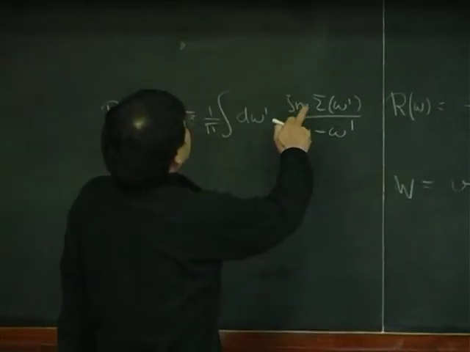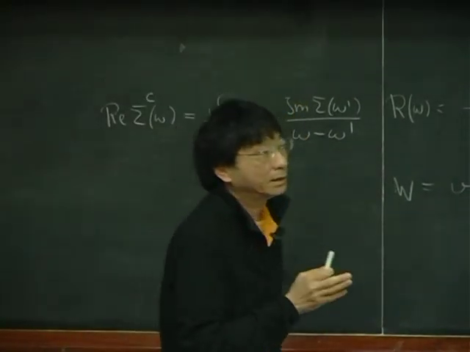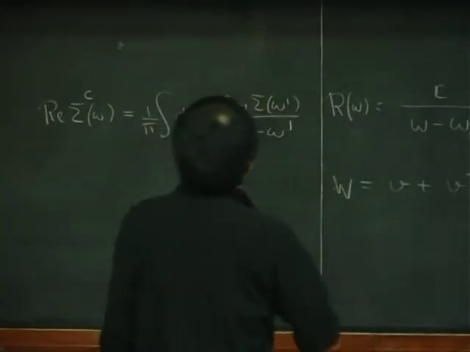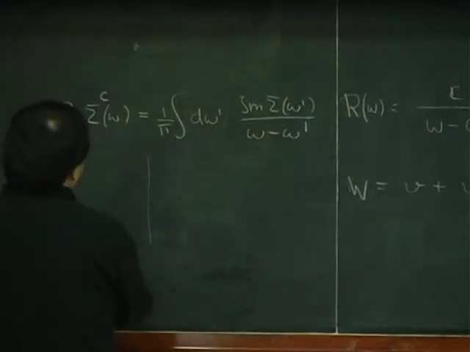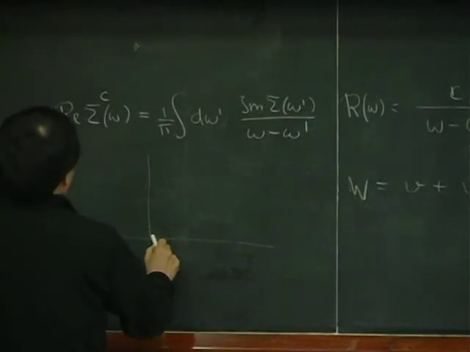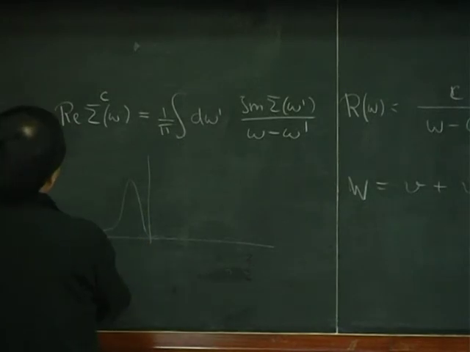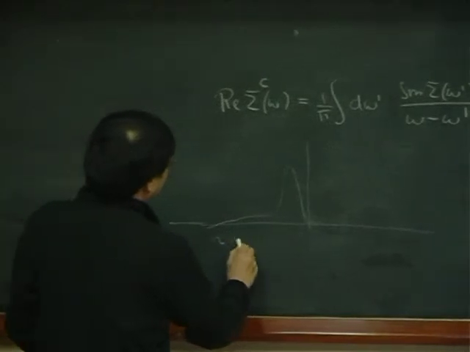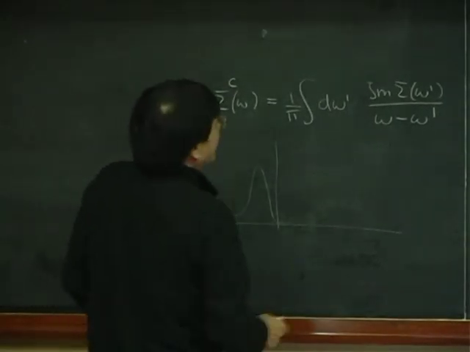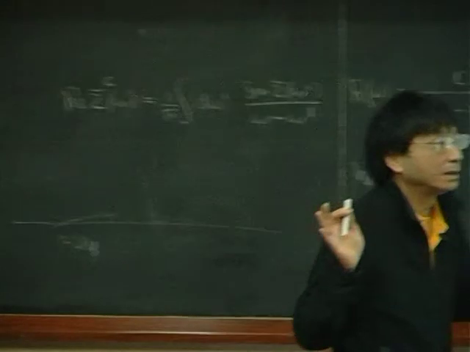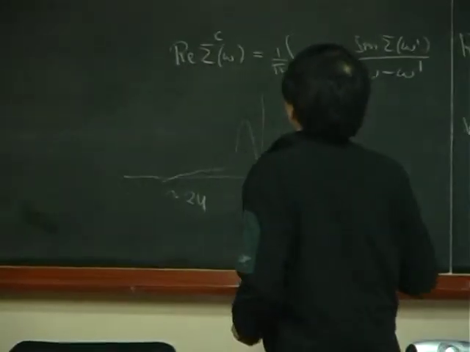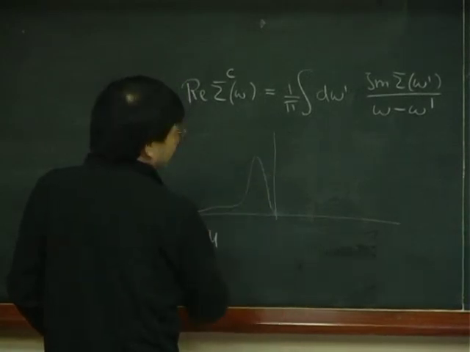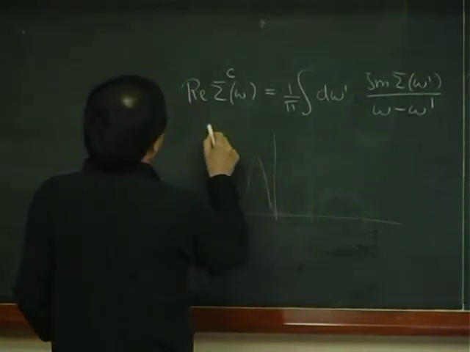Now, if you have a static U, then this imaginary part of the self-energy is essentially confined to a figure like this, and maybe it decays after some energy scale of approximately 2U. But if you use a frequency-dependent U, the self-energy actually grows. It doesn't decay like this, it grows to very high energy.